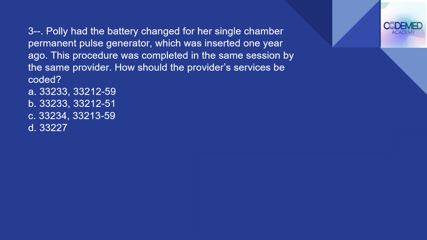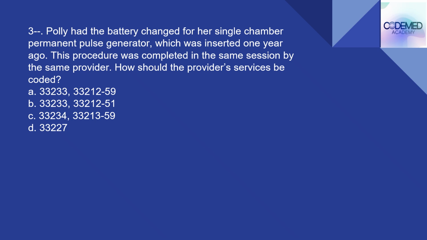Let us take one more example. Polly had the battery changed for her single chamber permanent pulse generator, which was inserted 1 year ago. The procedure was completed in the same session by the same provider. How should the provider service be coded? Now remember, whenever you are dealing with the pulse generator, kindly read the code language because some of the codes include the removal and insertion.